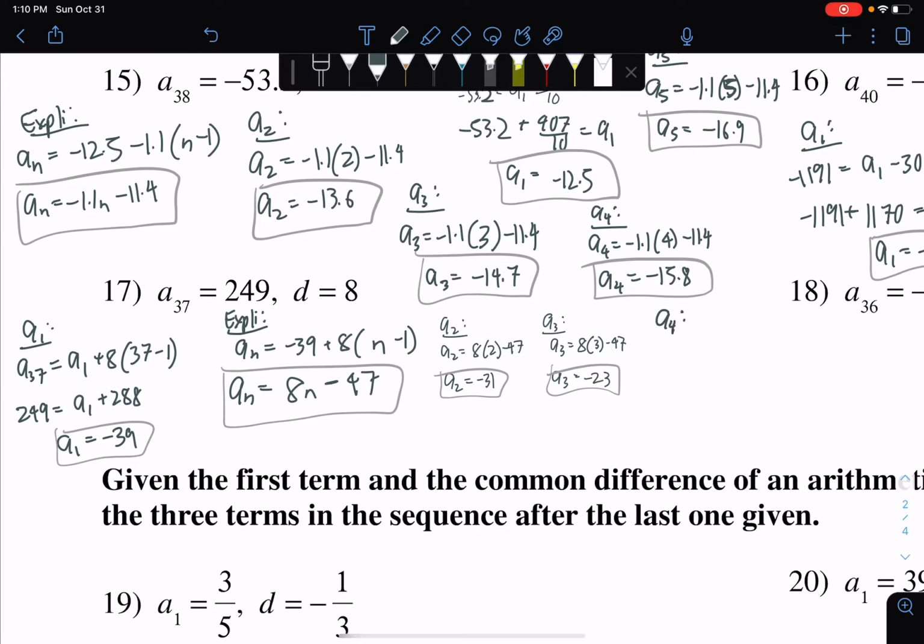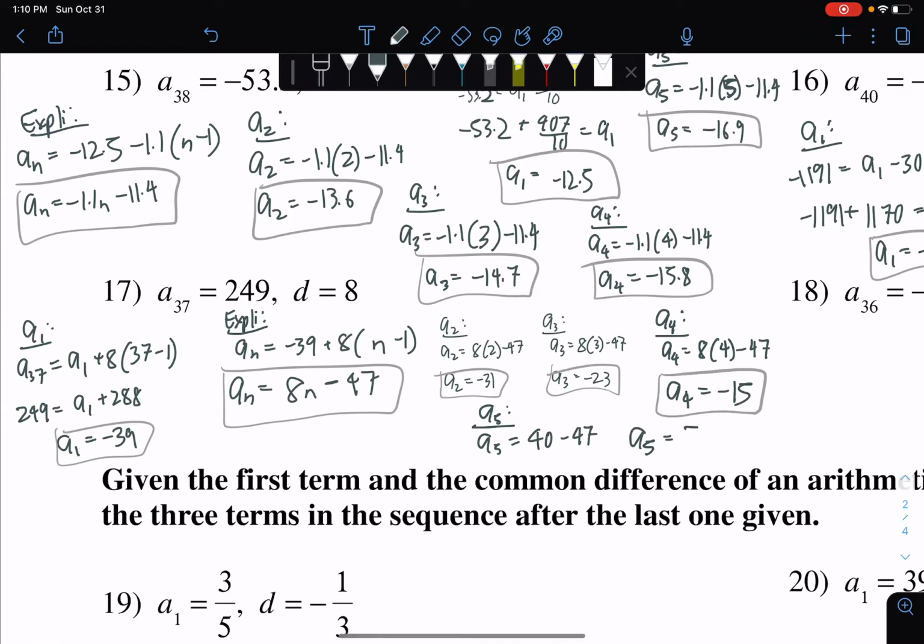For a sub 4, a sub 4 is equal to 8 times 4 minus 47. 8 times 4 is 32 minus 47. Our a sub 4 is equivalent to negative 15. For a sub 5, a sub 5 is equal to 8 times 5, which is basically 40, minus 47. A sub 5 is equal to negative 7.